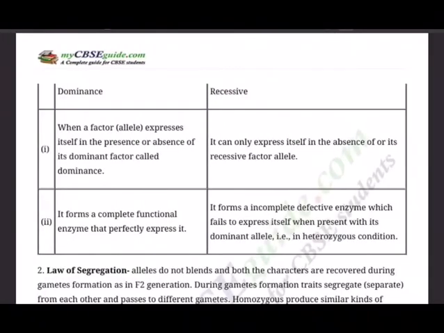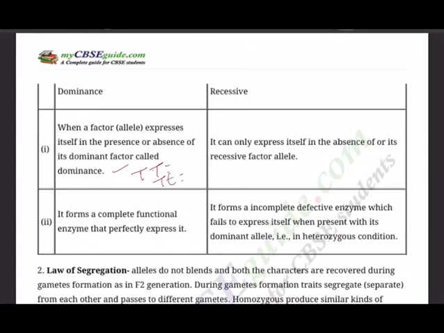And the dominance and recessive. When a factor, that is an allele, expresses itself in the presence or absence of its other factor, then it is called dominance. So capital T and capital T, no doubt pure tall, will express as both genes are dominant.